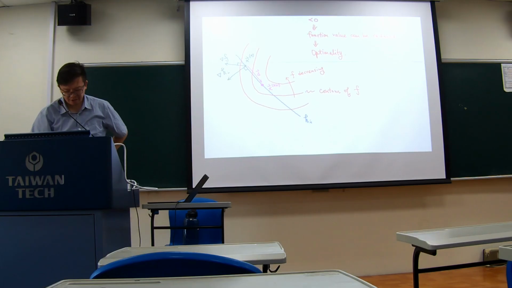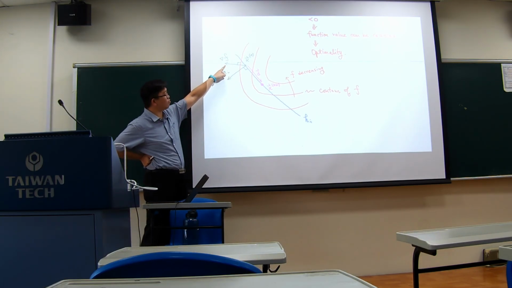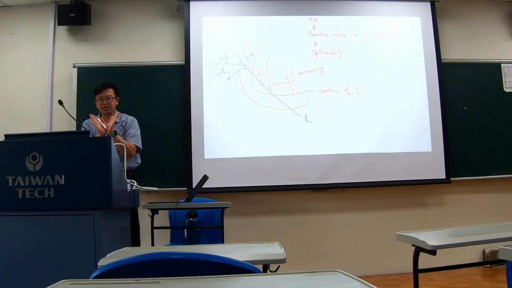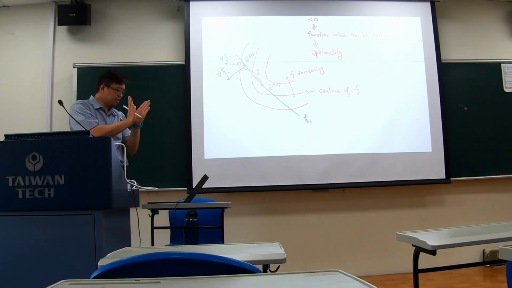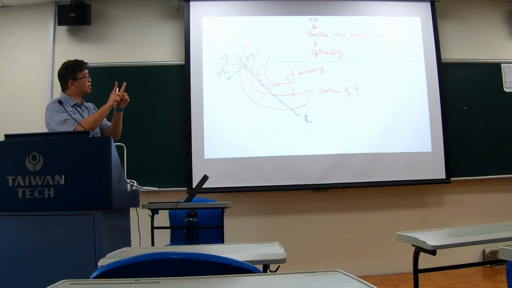How about the other one? How about d dot product with gradient f? For dot product, if two vectors have an angle smaller than 90 degrees, the dot product is positive.